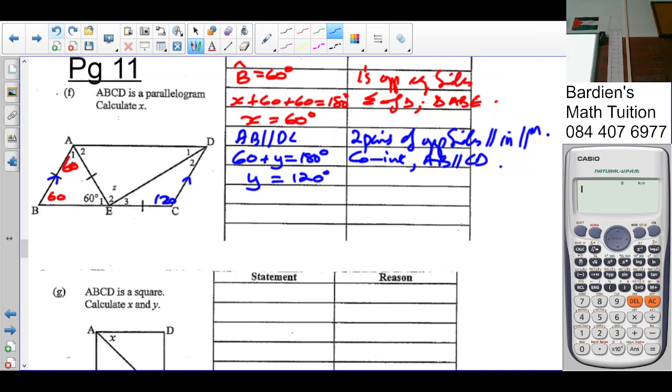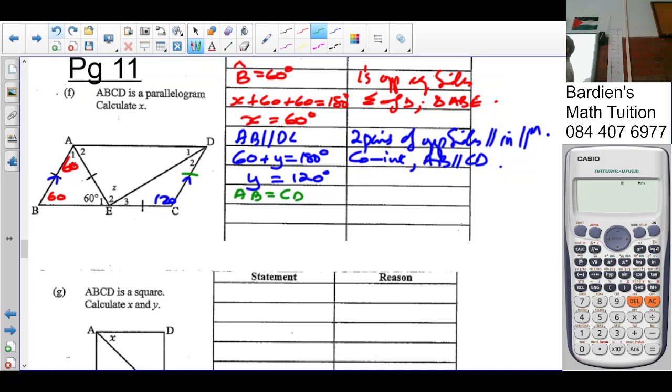Now, in pursuit of calculating Z, what do I need? I need E3. But E3 is the same as D2. Why? Angles opposite equal sides. But is it on the diagram? No. So I must state that AB is equal to CD.